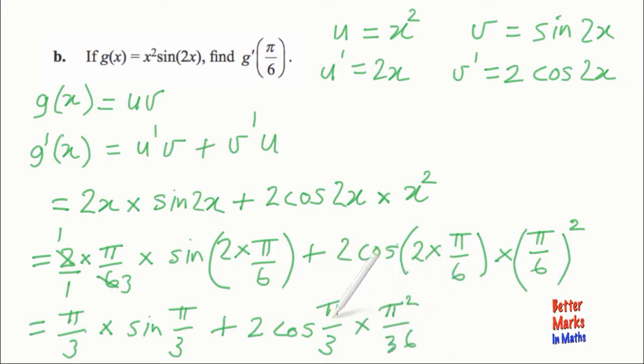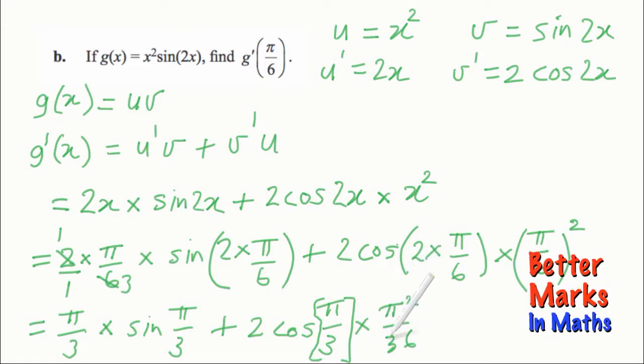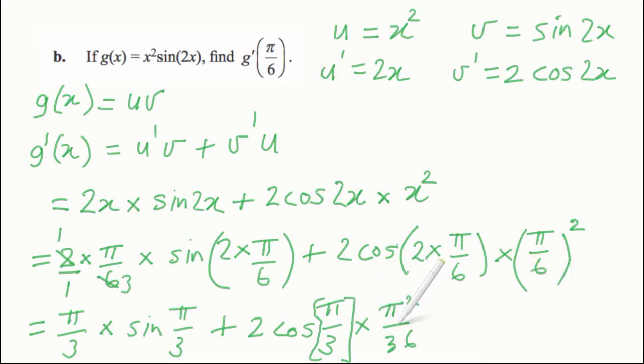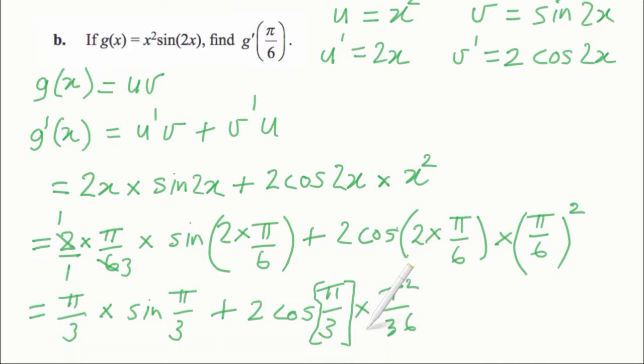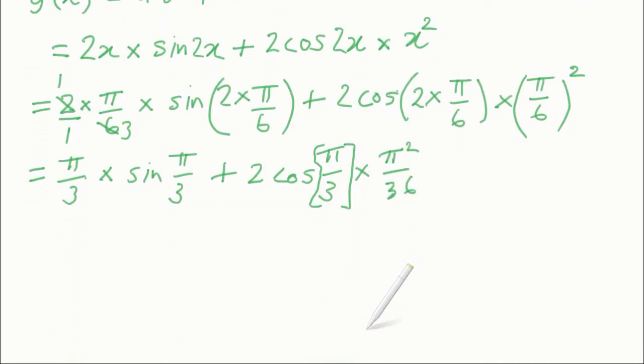Now don't mix these two up, and the safest way of making sure you don't do that is put that in a bracket there. I really don't like multiplying things after trig functions, in case they get mixed up with the angle. I like to put them out the front. However, if you just put it in a bracket like that, that will remind you that that is not part of that angle there.